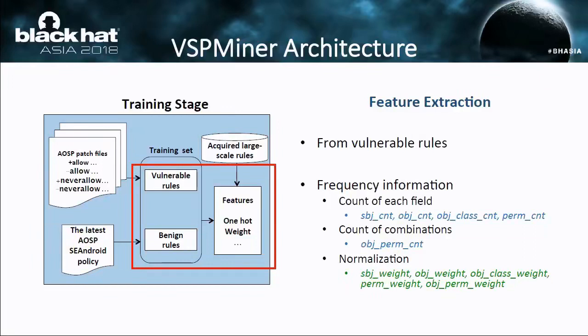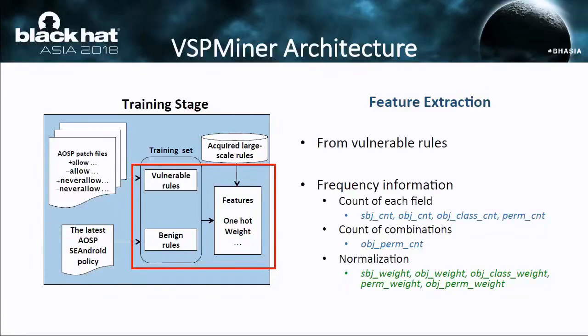Here we only consider the object and the permission, because what operations can be performed on an object is very important when we judge whether a rule is vulnerable or not. So we take it out as weight information.